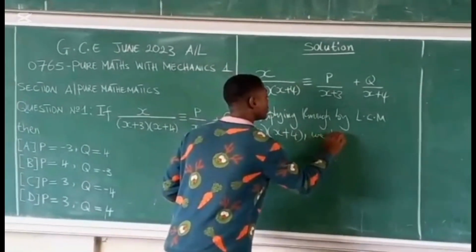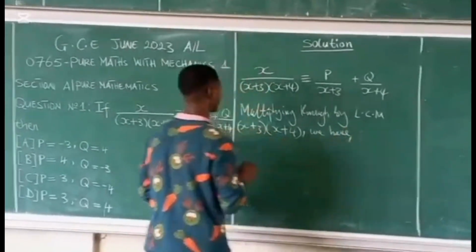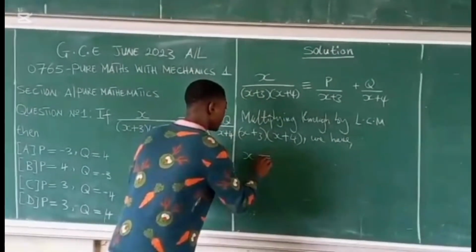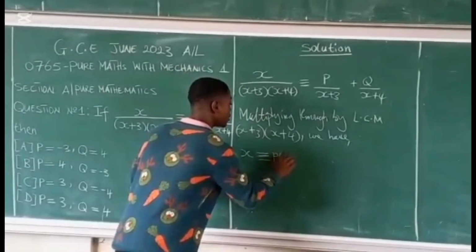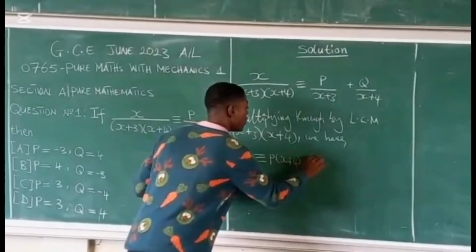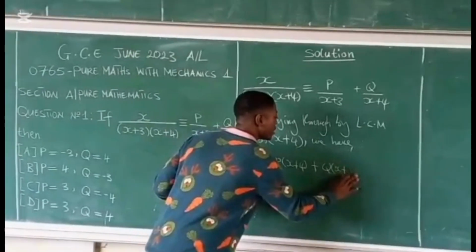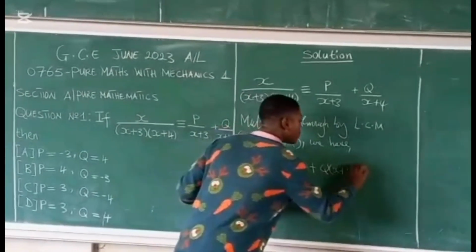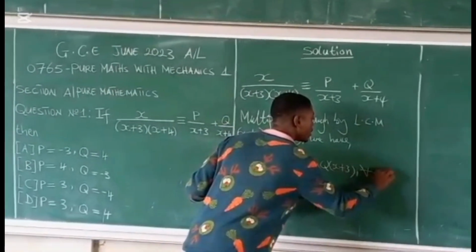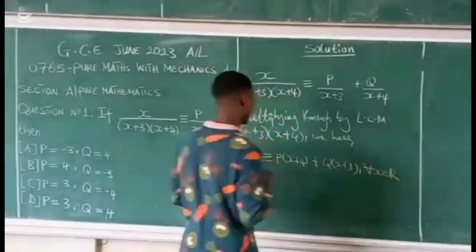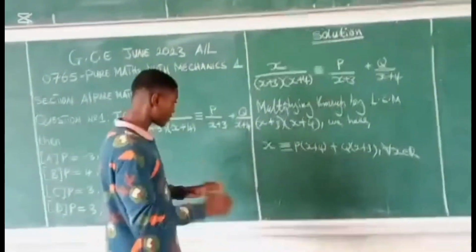We have x is identical to p into x plus 4 plus q into x plus 3, for every x belonging to the set of real numbers.